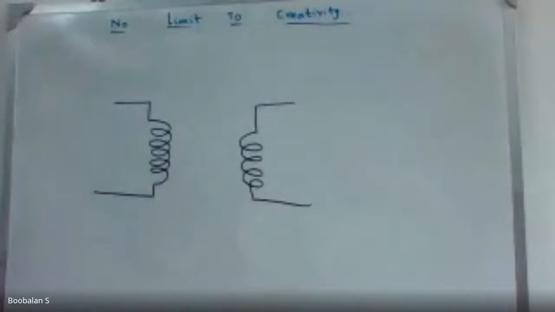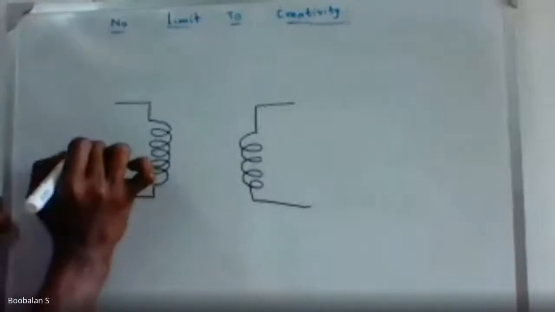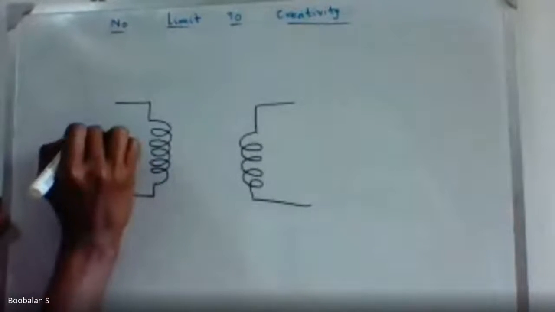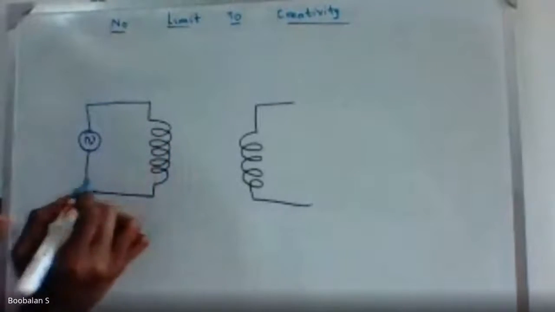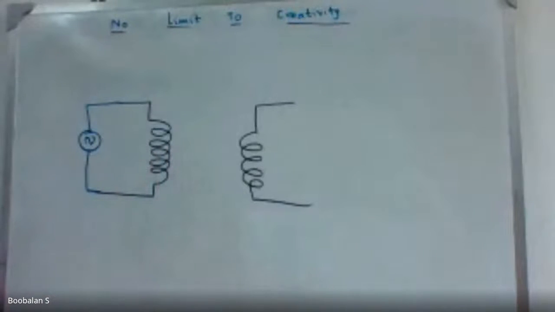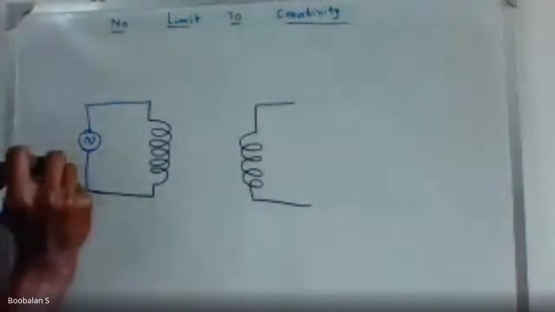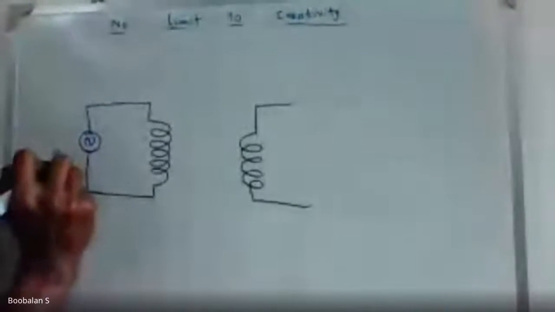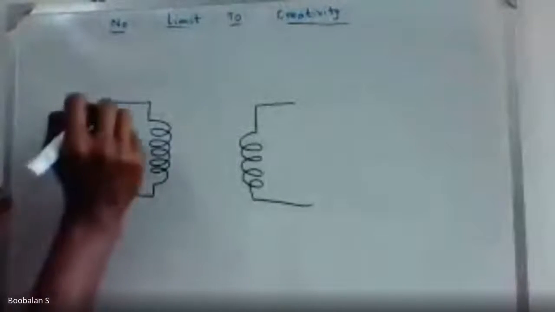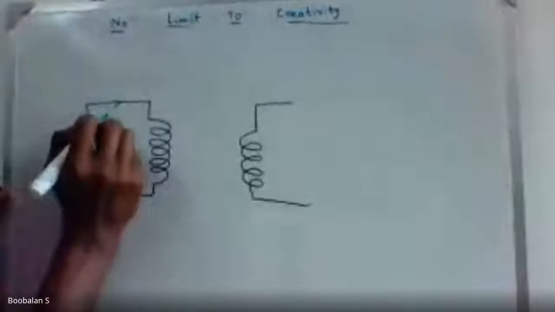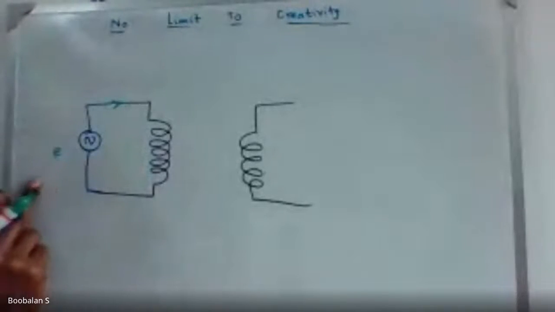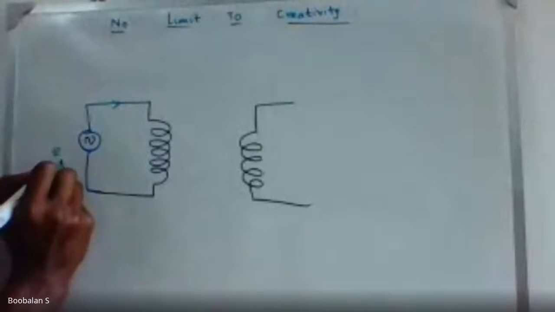Right, I'm just going to apply voltage here. Input voltage, that's called AC. The input voltage is the applied voltage, that's called supply voltage, E suffix S. The current flowing in this circuit, we will call it primary, so this is called the primary circuit.